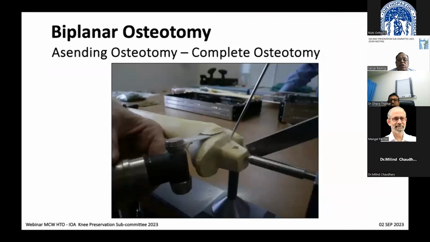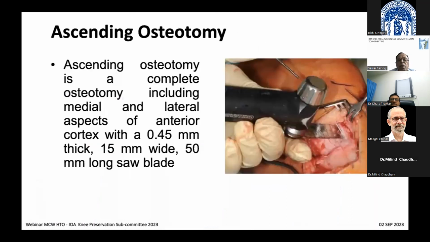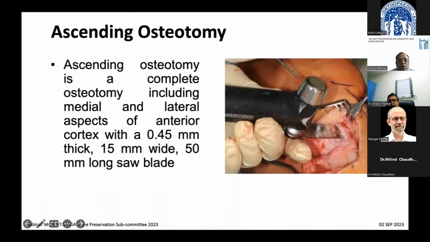Ascending osteotomy is a complete osteotomy, and it acts as a wall against dorsal translation of the distal fragment, avoids internal rotation and tendency for the slope to get changed. And this is done with a 0.4 mm thick, 15 mm wide, and 50 mm long blade. As I said, it is a complete osteotomy.